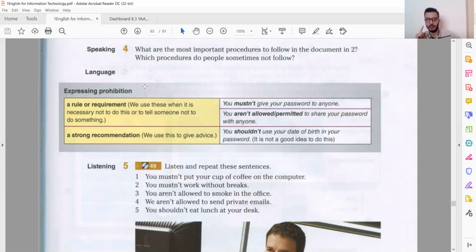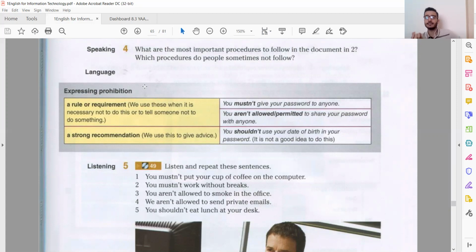Okay. ممنوع يعني. What kind of words we can use for a rule or requirement؟ يعني قاعدة، شيء صارم، أمر. Okay, a rule، قاعدة، requirement، متطلب. We use these when it is necessary not to do this or tell someone not to do something. يعني هذا إيش؟ من الضروري ألا يحدث، قاعدة يجب اتباعها.